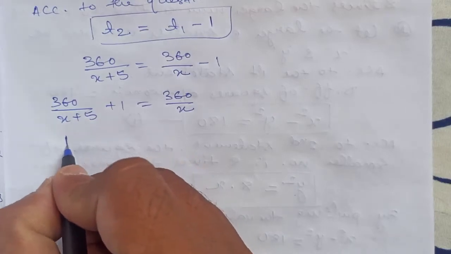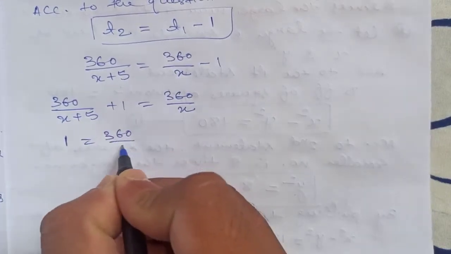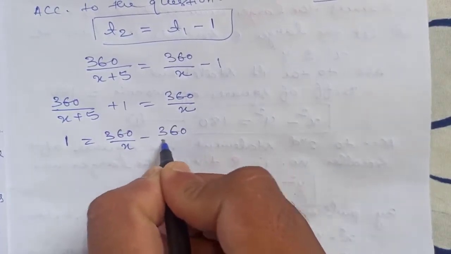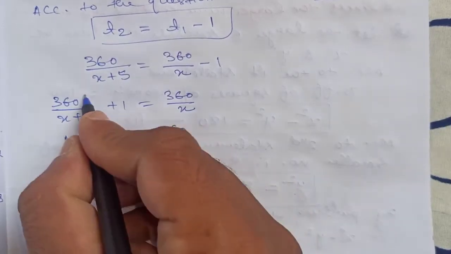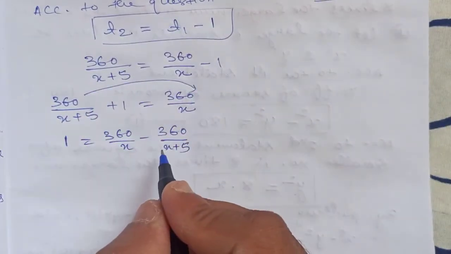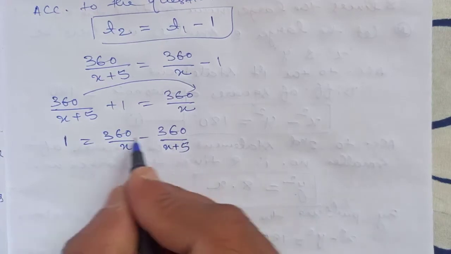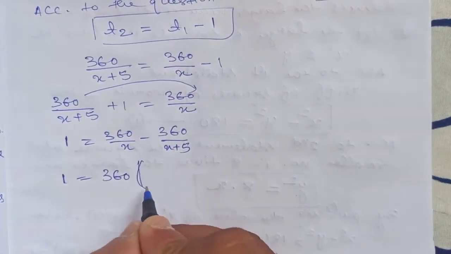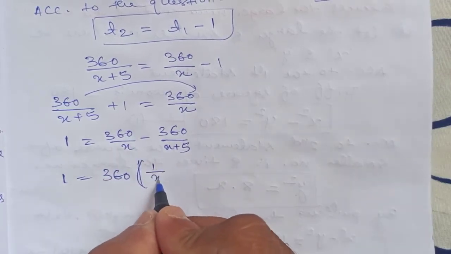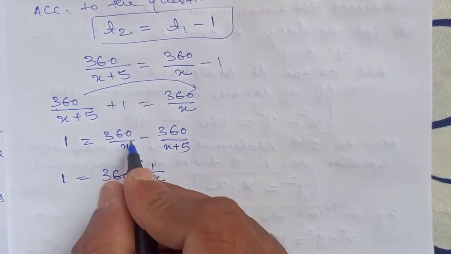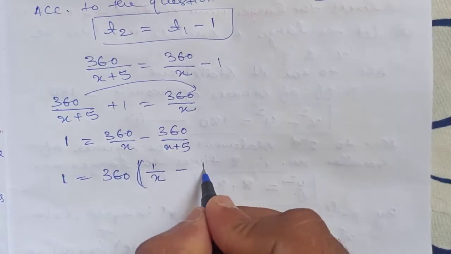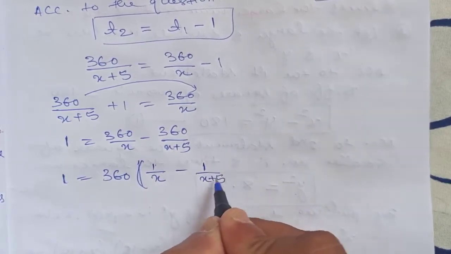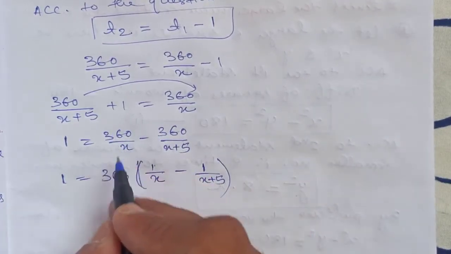We will get 1 equals 360 by x minus 360 by x plus 5. This term I brought towards the RHS. Okay, now take out 360 common from here, so we will get 1 by x, because 360 into 1 is 360 by x, minus 1 by x plus 5. This much we will get by taking out 360 outside.